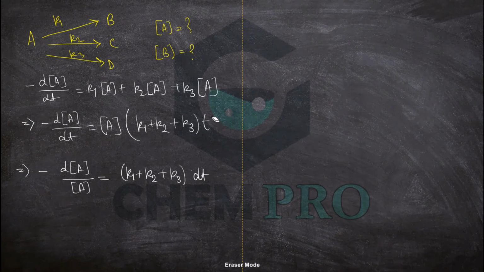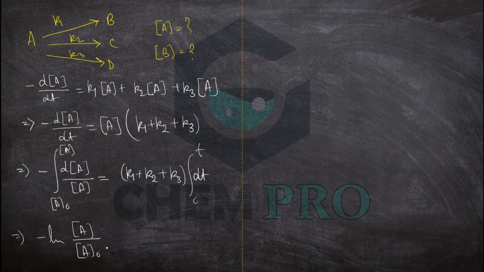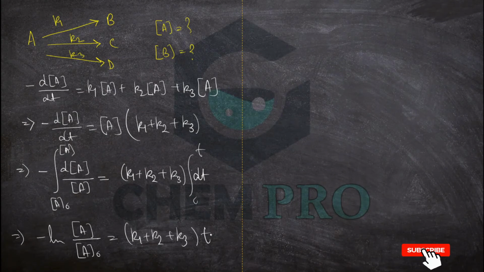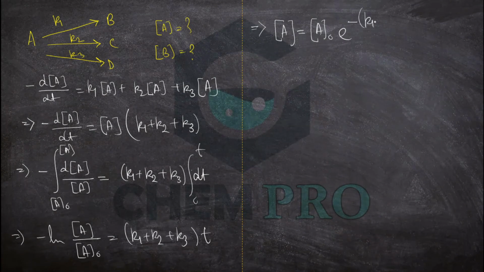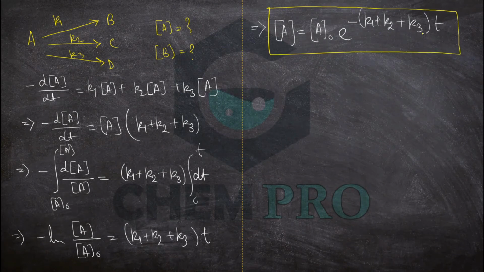After integrating A0 to A and 0 to T, we get minus ln A by A0 equals K1 plus K2 plus K3 into T. So from this we can write the formula of the concentration of A as A equals A0 into e to the power minus K1 plus K2 plus K3 into T. So we have to write all the reaction constants in the formula.